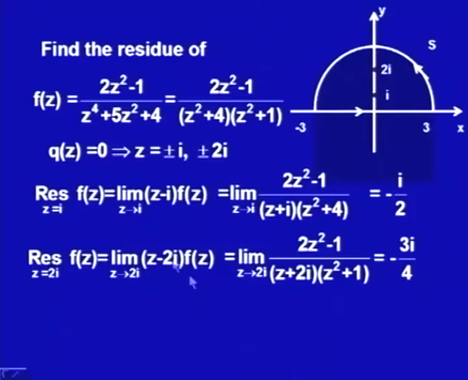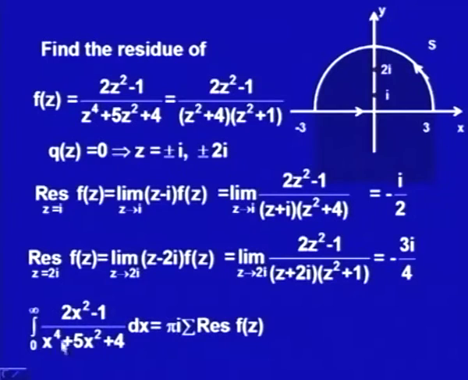Now, let us use that Cauchy principal value formula. So, the integral from 0 to infinity of (2x² minus 1) upon (x⁴ plus 5x² plus 4) dx could be given as, the formula says, pi i times the sum of all the residues which are in the upper half plane. We have got 2 poles in the upper half plane, both are simple poles.